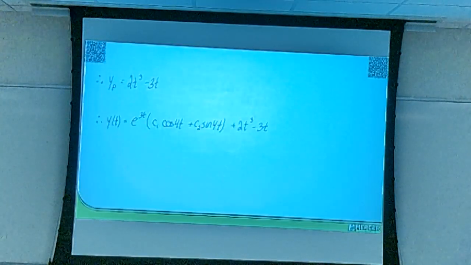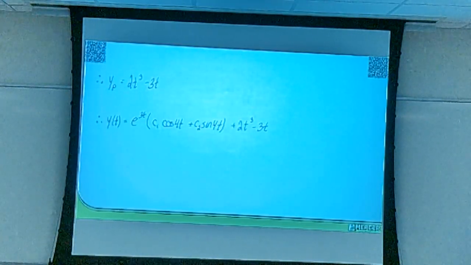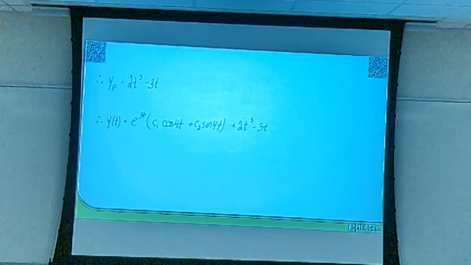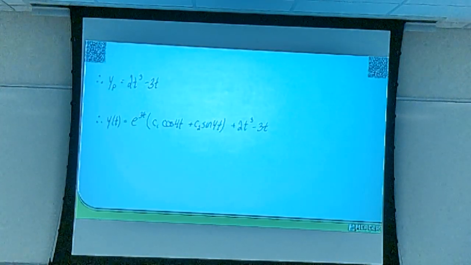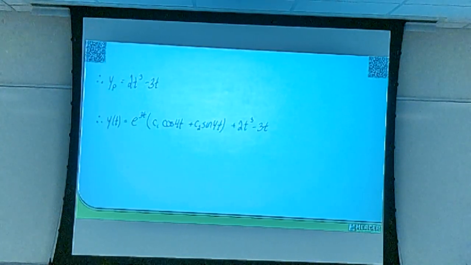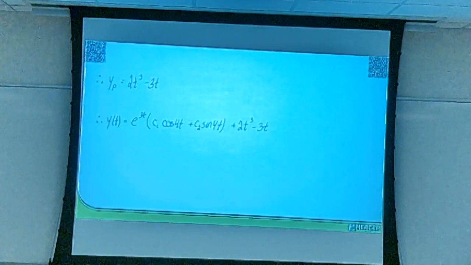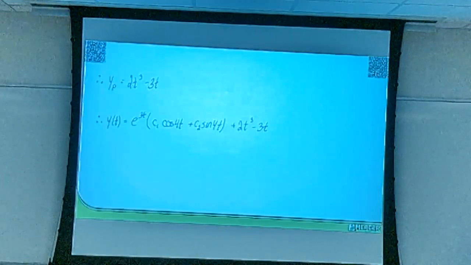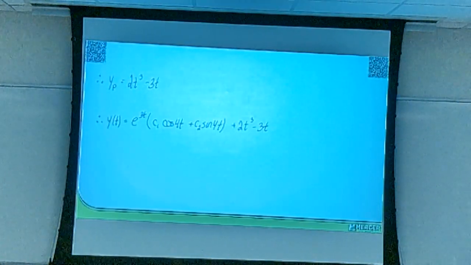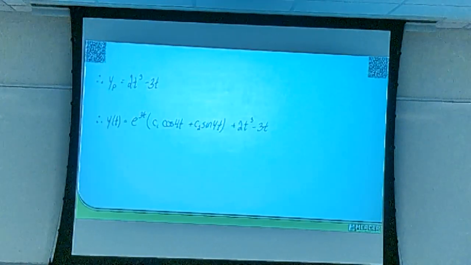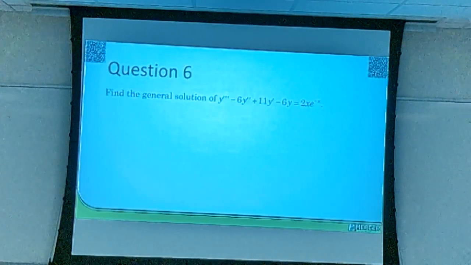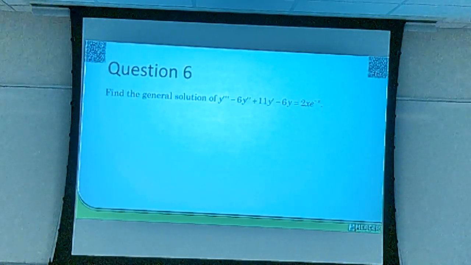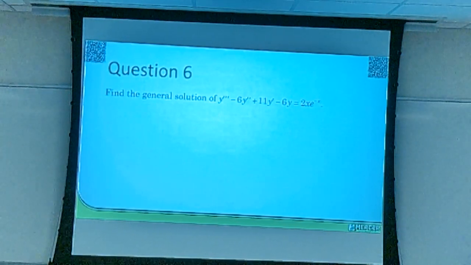And that is the general solution. Good. It's making a break for it.